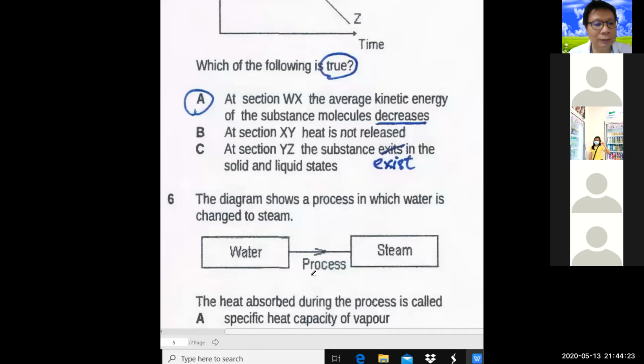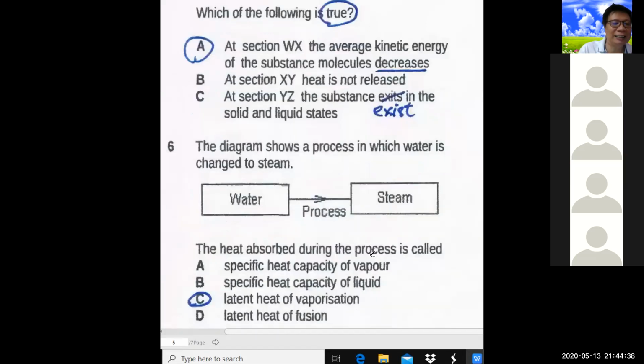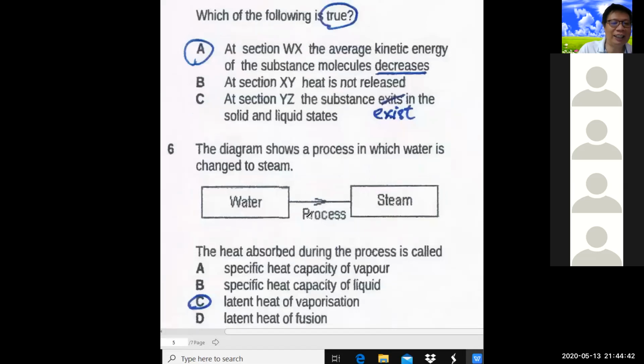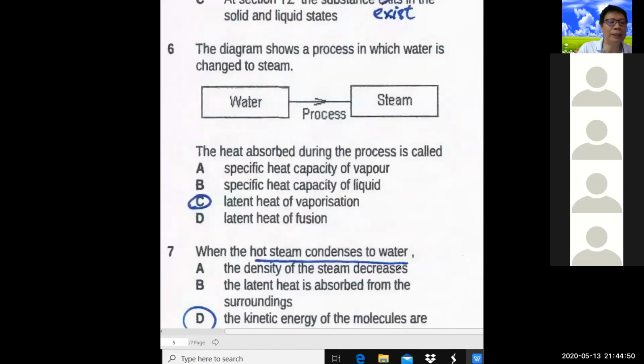Hashini? What answer? B. Latent heat of vaporization. Yes, correct. Water changing to steam is latent heat of vaporization. Very good, Hashini.